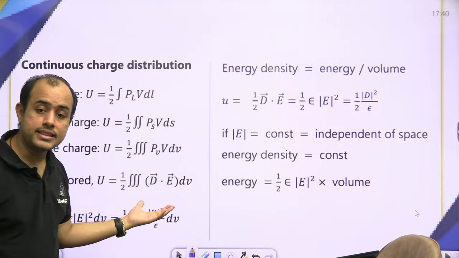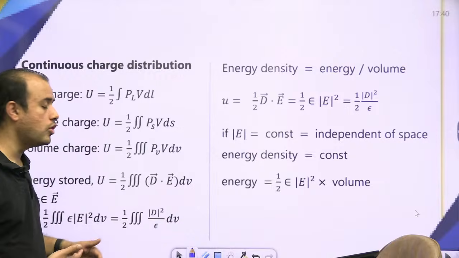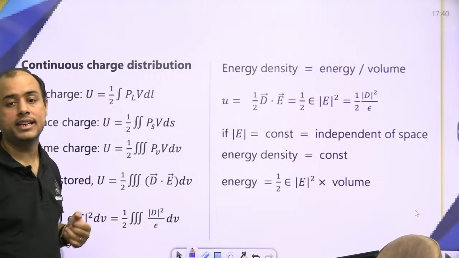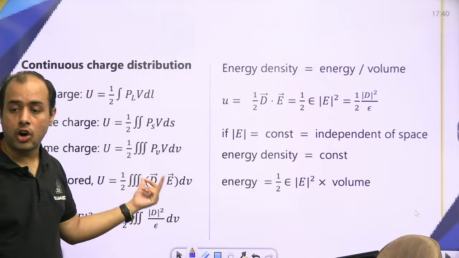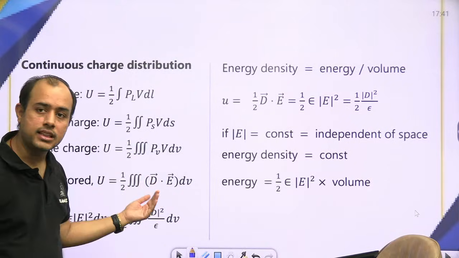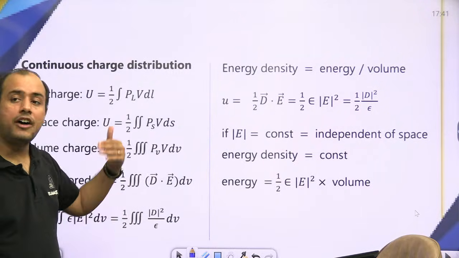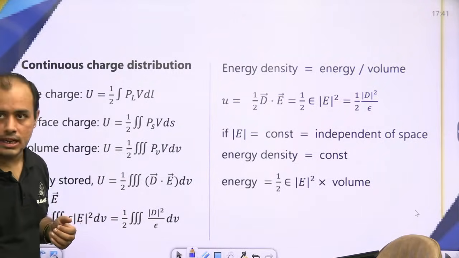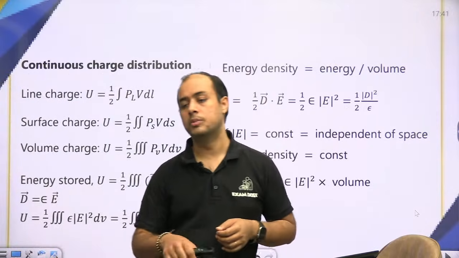यानी एनर्जी डेंसिटी क्या है? एनर्जी पर यूनिट वॉल्यूम. So energy is what? Energy is the volume integration of energy density. हमने देखा in the formula of energy I am getting the volume integral of half D dot E. So half D dot E by default becomes the energy density, that is energy per unit volume.